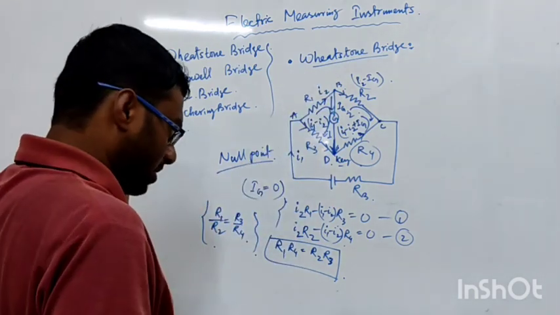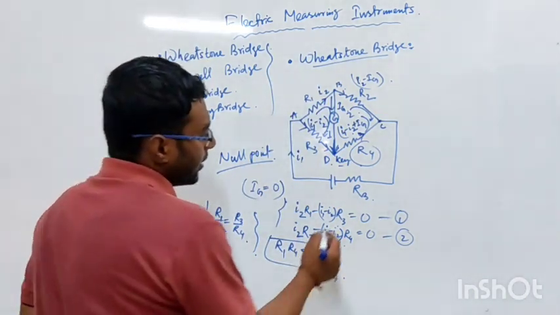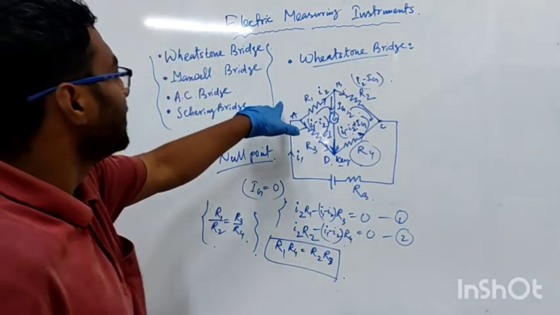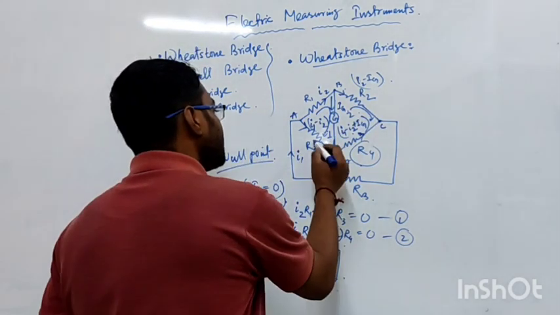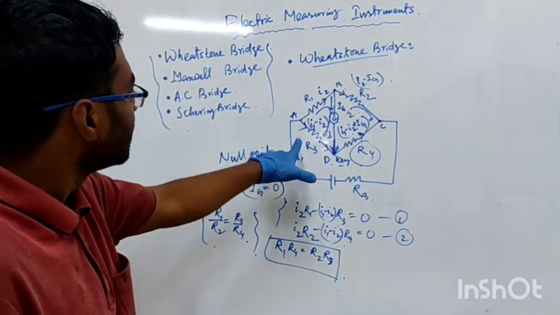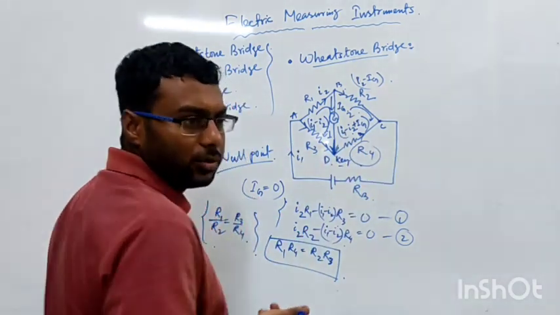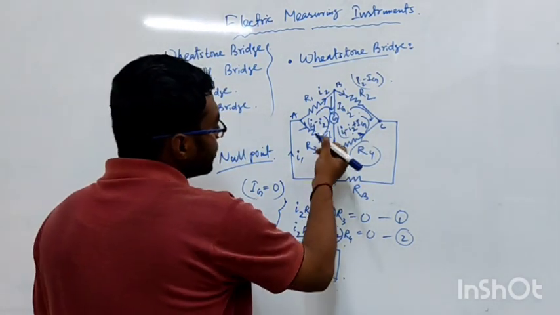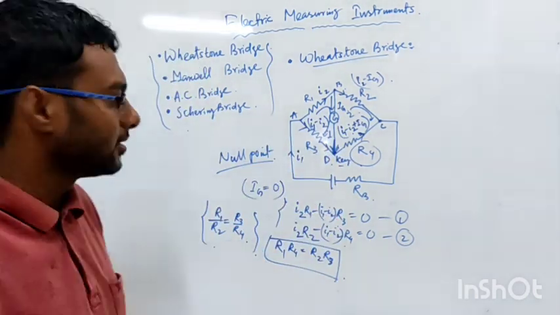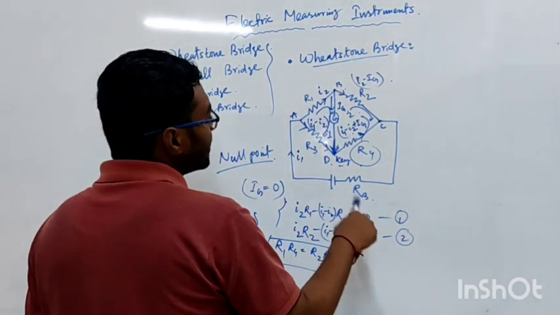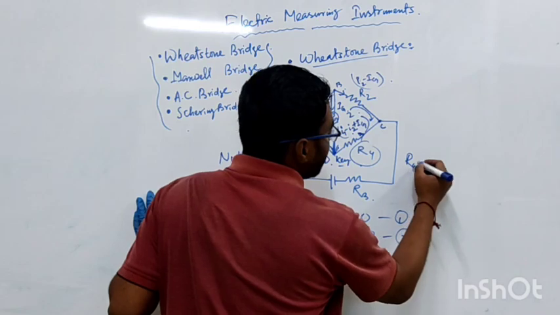Using this Wheatstone bridge, we can calculate an unknown resistance. Let us consider R1 is a known resistance and R2 is also a known resistance. Let us consider R4 is unknown. We can choose R3 in such a way that we get the null condition, and from this equation we can calculate R4.